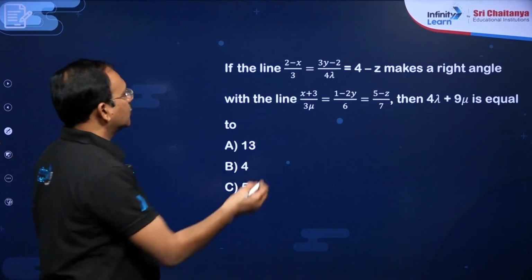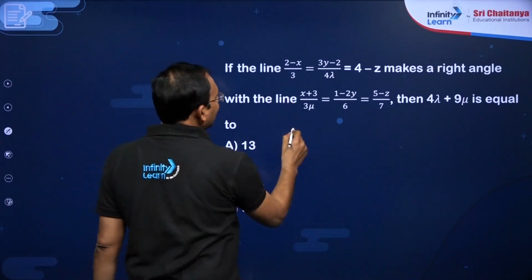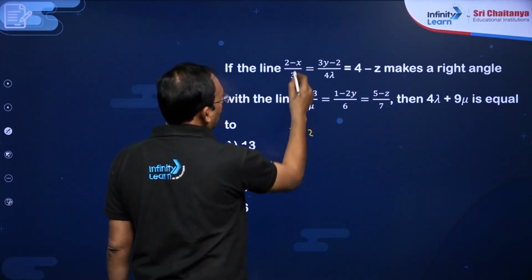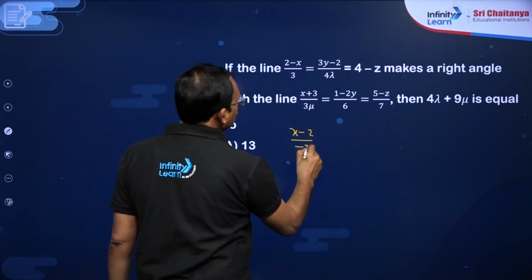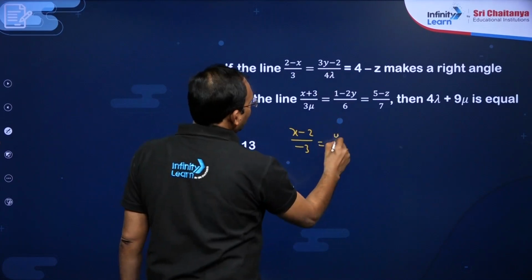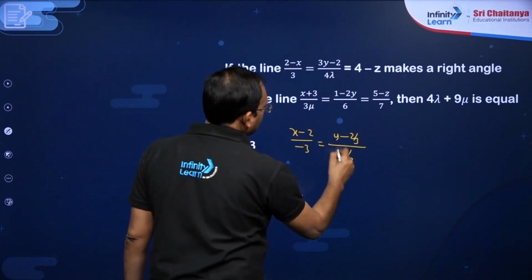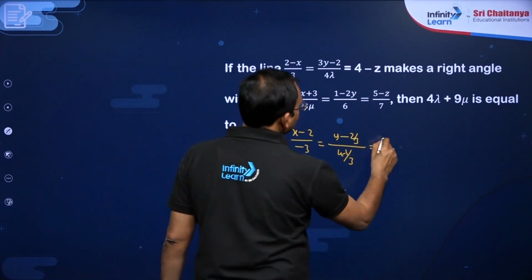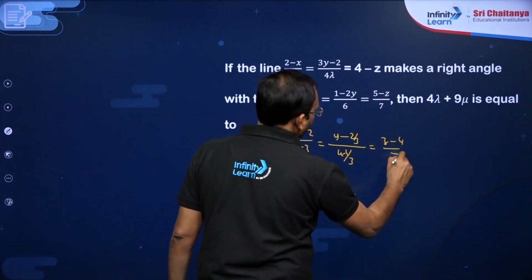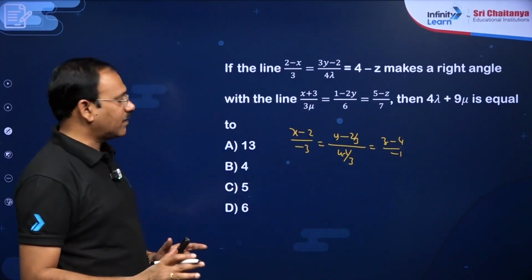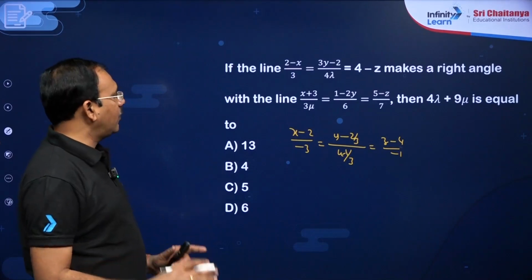So you align the equations in a proper way, the x coefficient should always be 1: x minus 2 by minus 3, y minus 2 by 3 is 4 lambda by 3. You see, the y coefficient must be 1, and this is z minus 4 by minus 1.